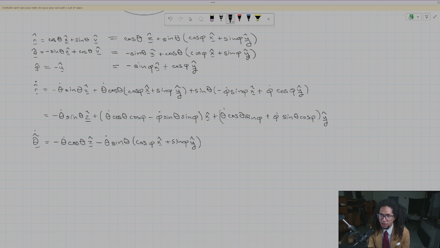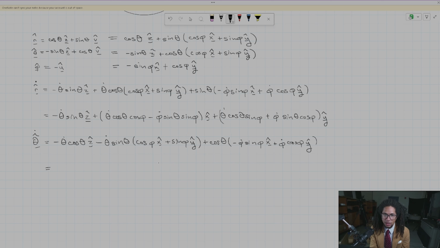And then from our second term in the product rule, we get plus cos theta times minus phi dot sine phi x hat plus phi dot cos phi y hat.